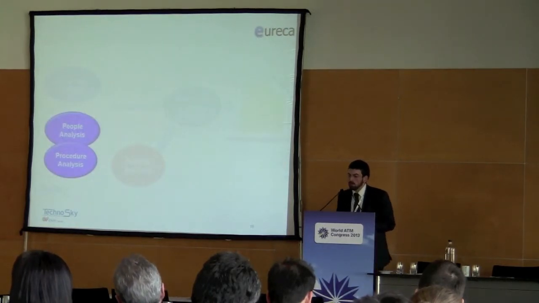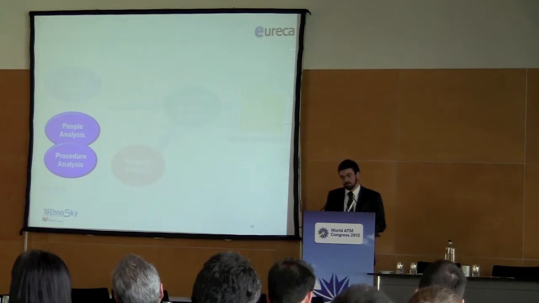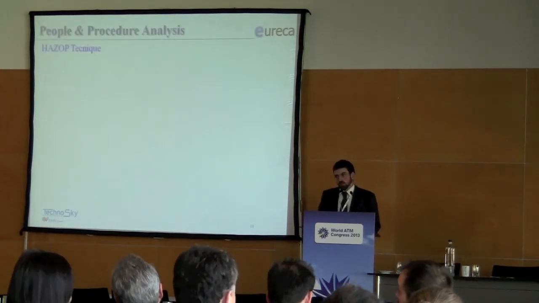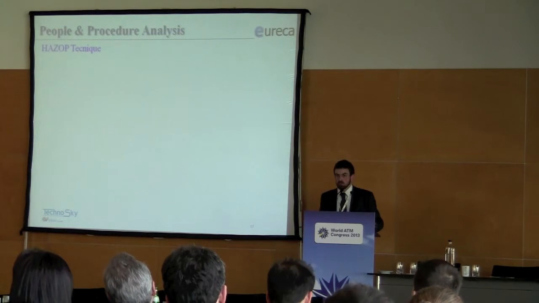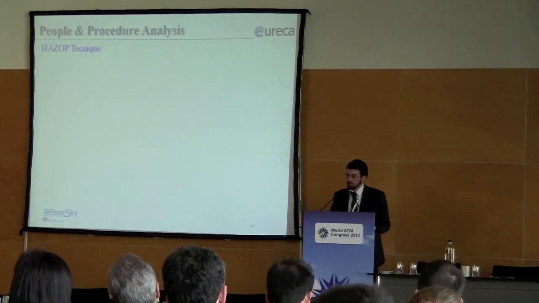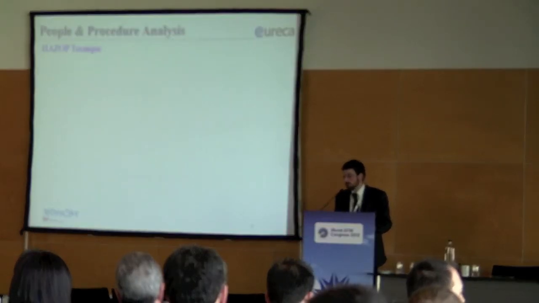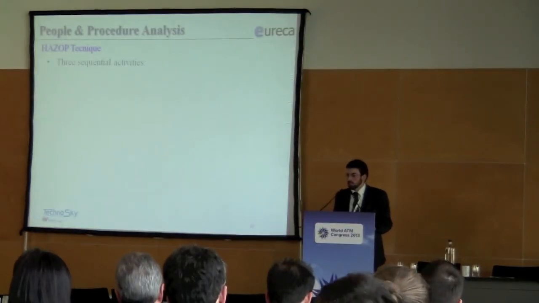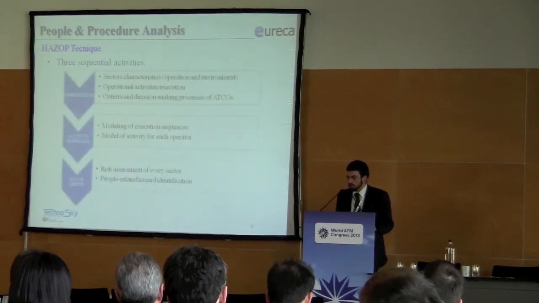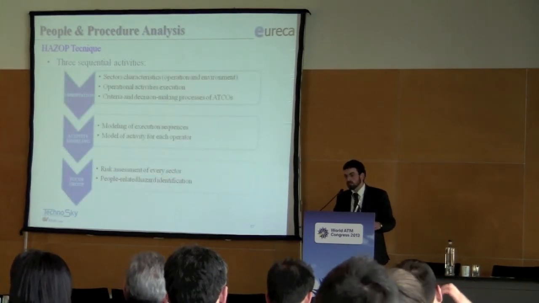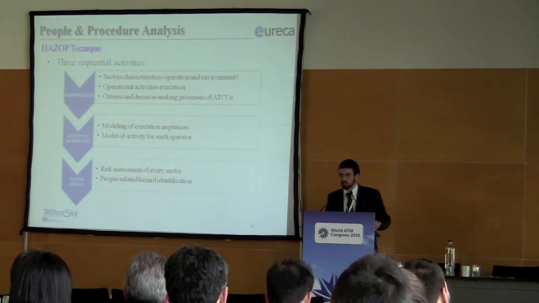Then, people and procedure analysis. We know that there are a lot of methodologies in this field. Here we have only an example with the ASOP technique that we use in Italy. The ASOP is composed of 3 important steps. First of all, the observation.